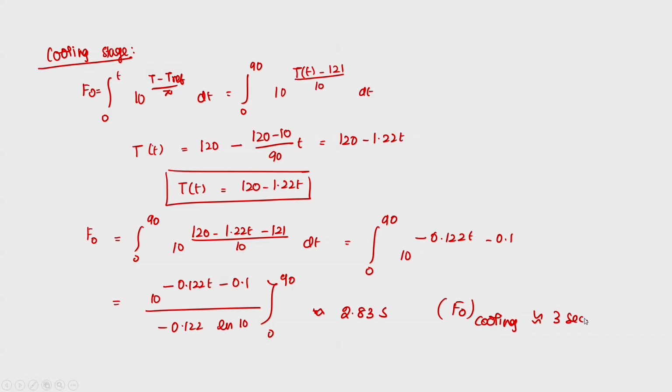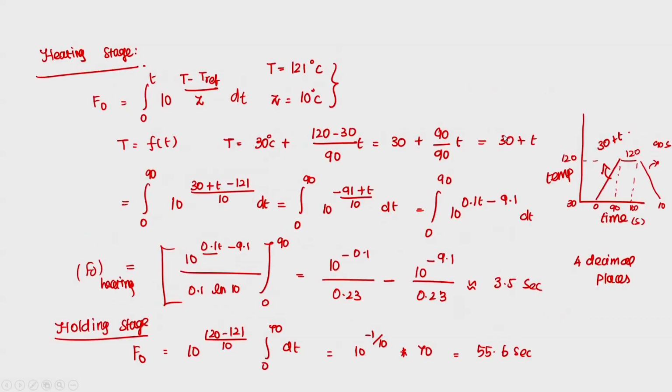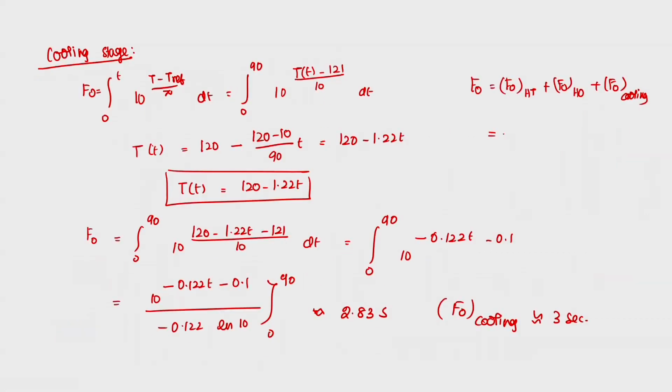Right. So, now we calculate the total F naught. Total F naught is F naught at heating, then F naught at holding, plus F naught at cooling. So, how much? 3.5 seconds plus 55.6 plus 3.